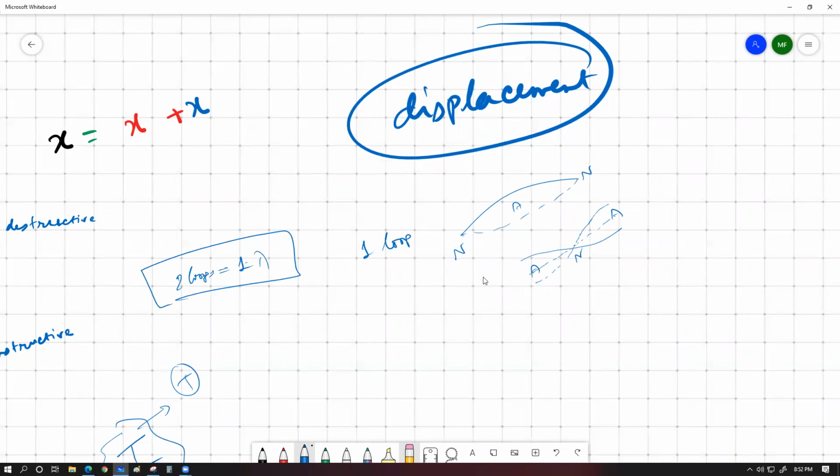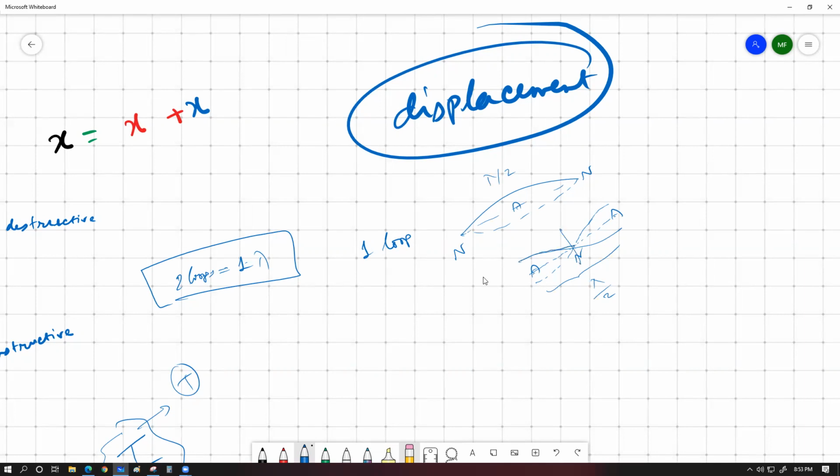The length within this whole portion will be lambda by 2. How much is the length within this whole portion? Lambda by 2. Does it make sense? Sir, how do we call the loop in the second diagram? It's not a physical loop because I'm starting with an antinode and closing with an antinode. So you are having half of a loop on two sides.